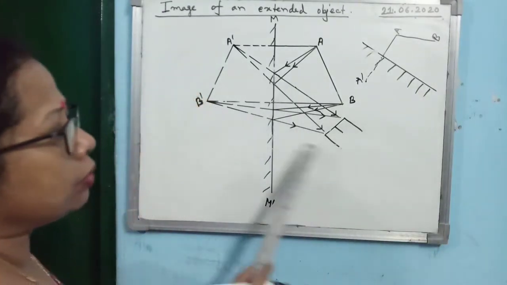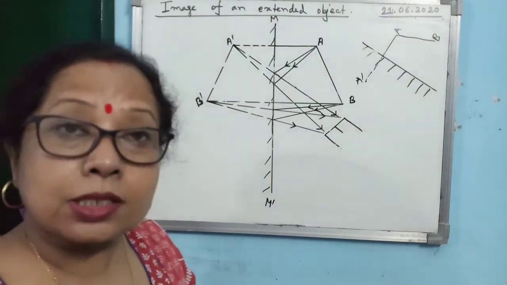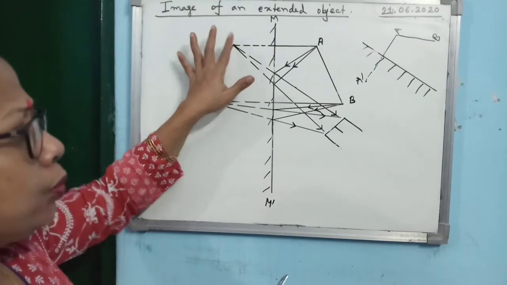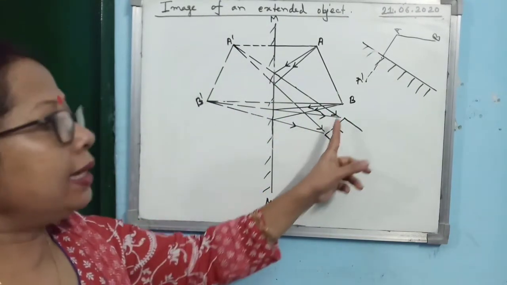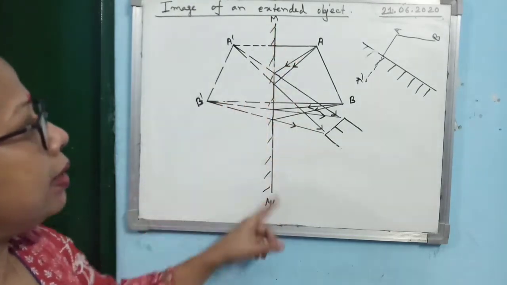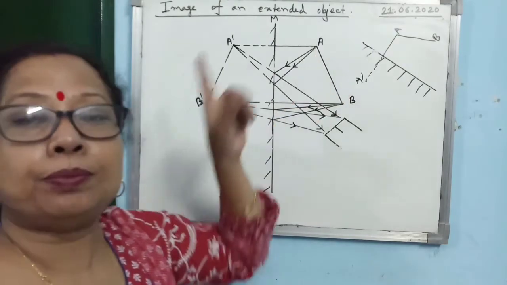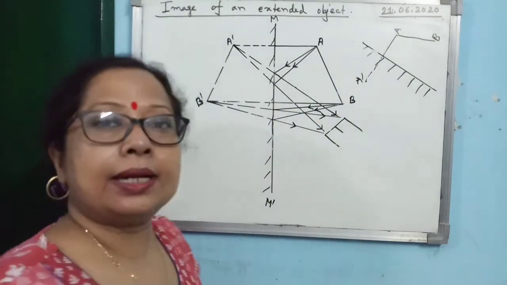Then again you follow the same method. What is the method? What I said? First you join the image point with the upper point of the eye and the lower point of the eye. Then the two rays will meet the mirror at 2 points. Those 2 points you join with the object. Alright. So follow the same and draw the diagram.